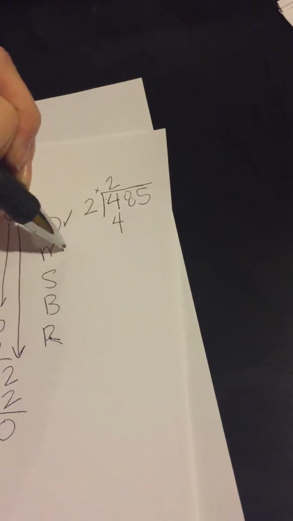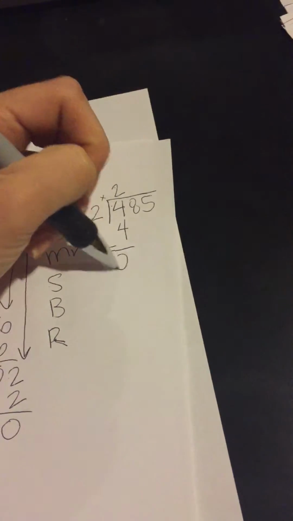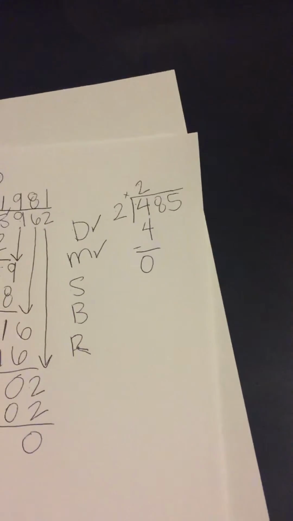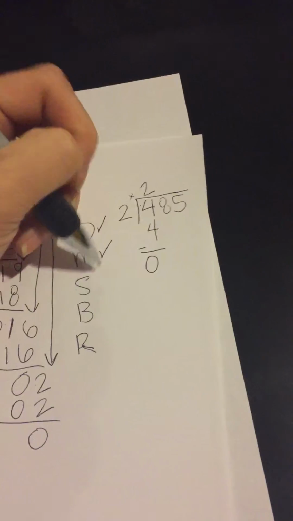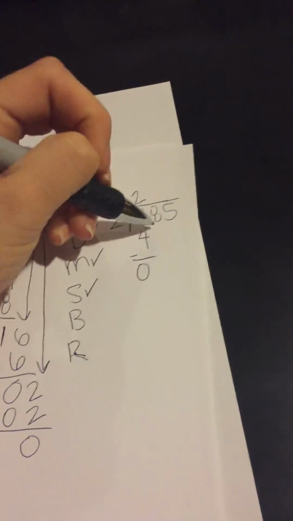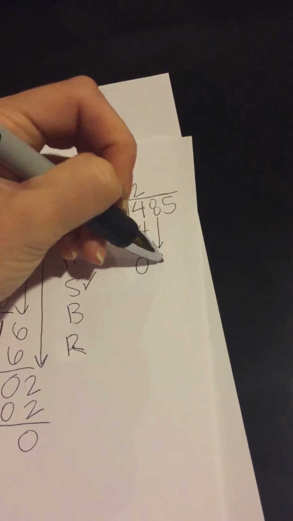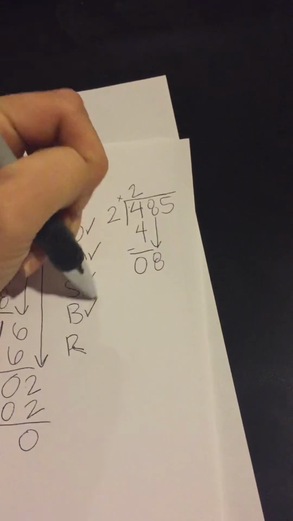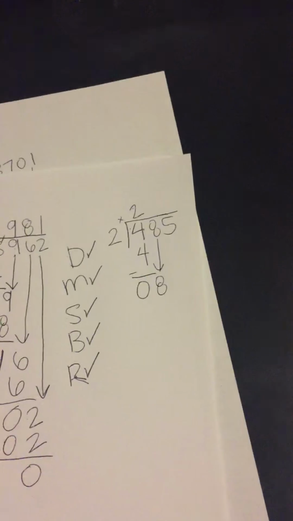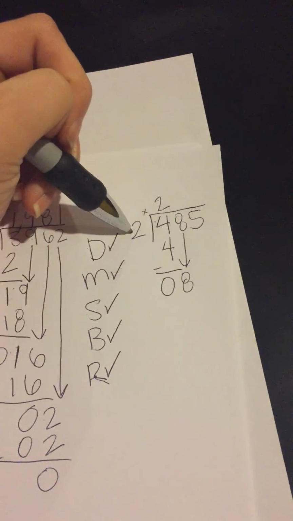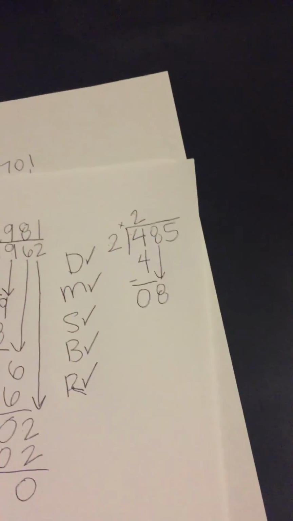We write that number right down here. And of course we subtract, and that will be 0. Okay. And now we can bring that 8 straight on down. And that was our bring down step. And our R, of course, stands for repeat. All right. How many times does 2 go into 8?